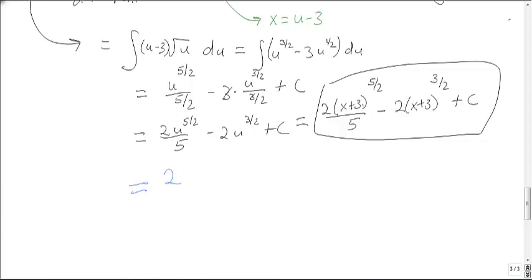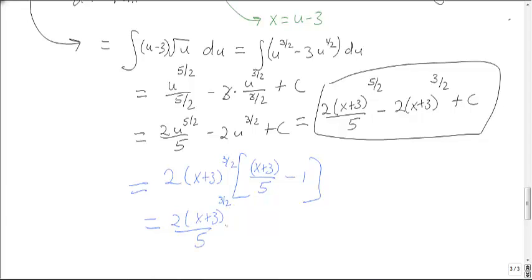So I have the 2's here. I can also factor out an x plus 3 to the 3/2. And when you do that, what I'm left with is an x plus 3 over 5. And then this is going to be 2 times x plus 3 to the 3/2, just minus 1. So you could do something like that. I could factor out the 1/5. Not entirely sure how well this is going to work out.